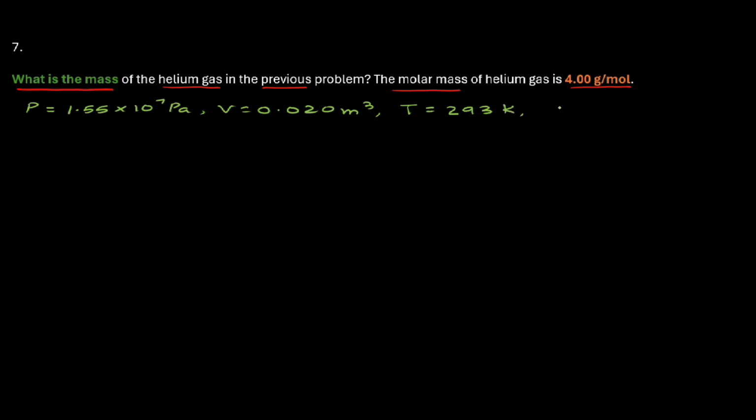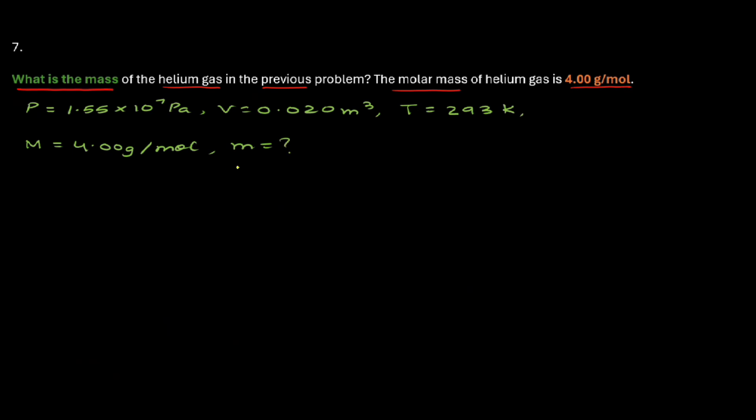Here in this question, they have given me the molar mass of helium. Molar mass is given by capital M, which is 4 gram per mole. And they want me to find the mass of the helium gas, small m.